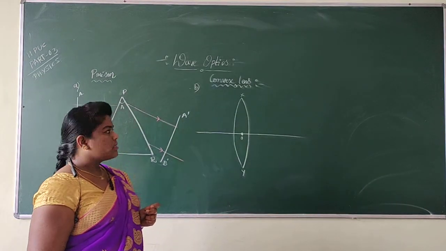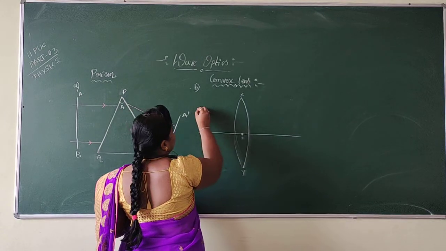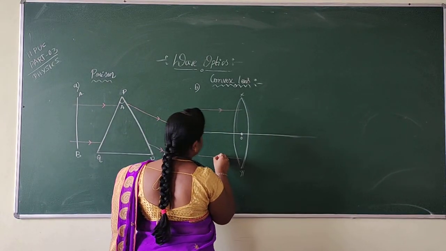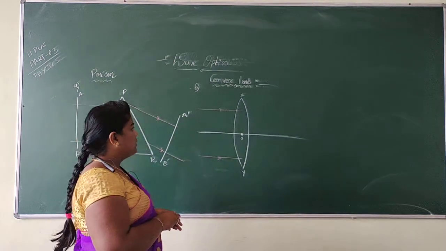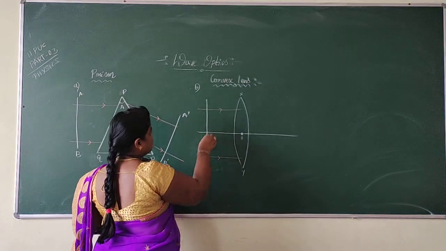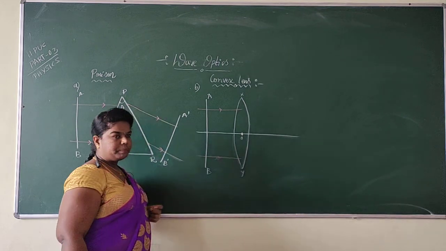Now my dear students, you know that if I want to draw the parallel beam of light, the plane wavefront, I should exactly draw the parallel beam of light. See my dear students, now I can draw the plane wavefront. AB is your plane incident wavefront.